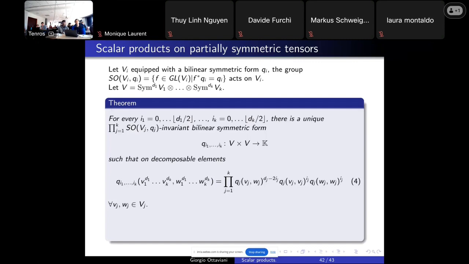So if in the first case all the i are 1, the only possibility is 0, and you get just Bombieri-Weil. In general, this gives the definitive answer for all the invariant metrics, and Bombieri-Weil corresponds to 0. And again, this space splits into a lot of harmonic summands due to the harmonic decomposition.